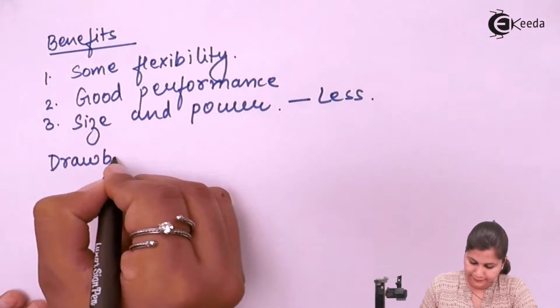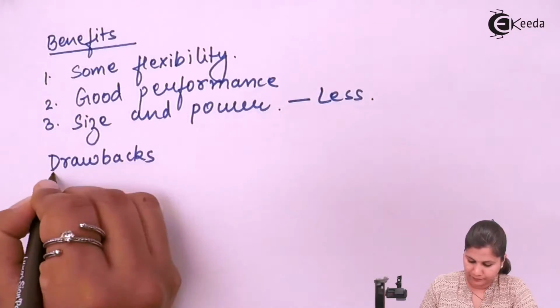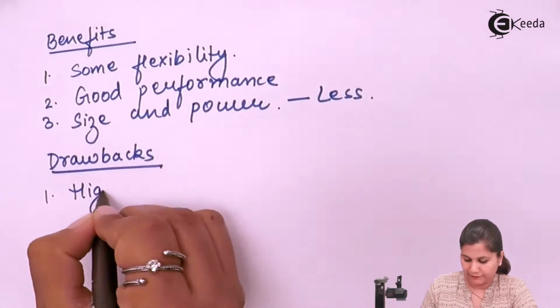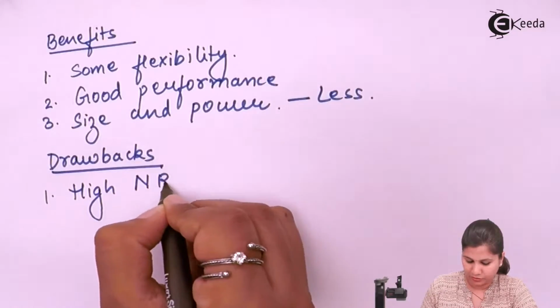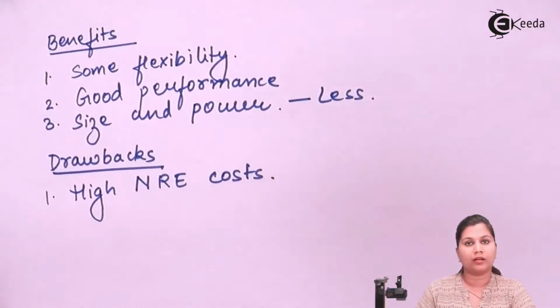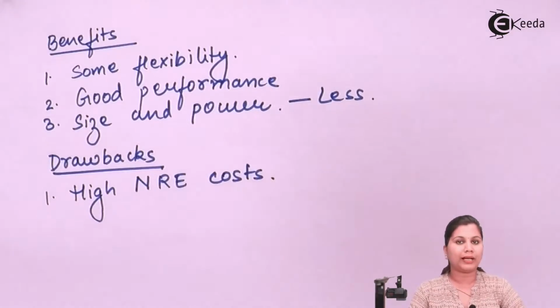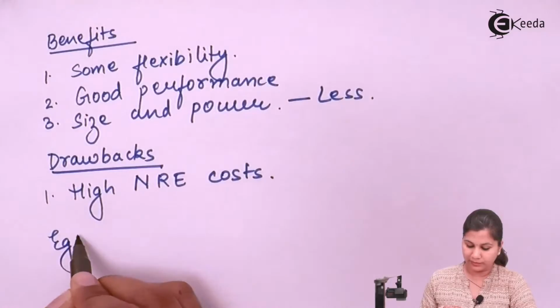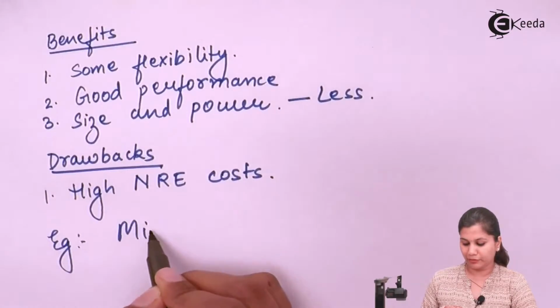Then the drawbacks: it also has a high NRE cost. Now, if we see examples of the application specific processor, the most common example is the microcontroller.